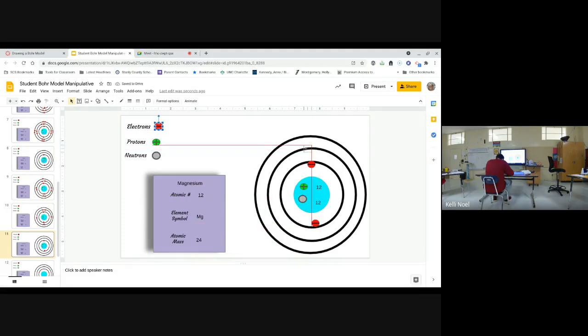So 12 take away 10 leaves me 2 for the last ring. Something like that.